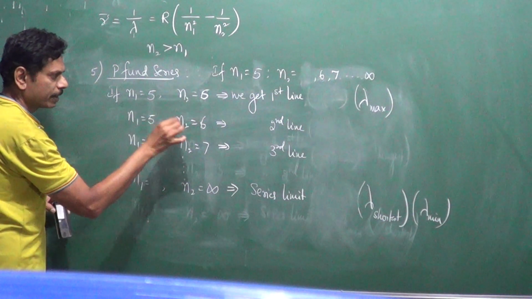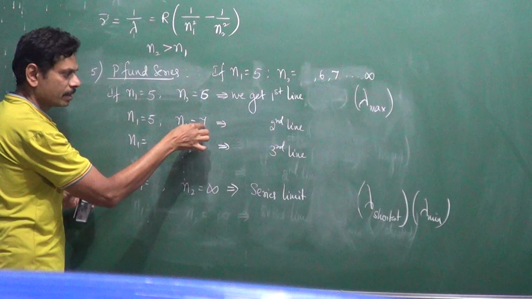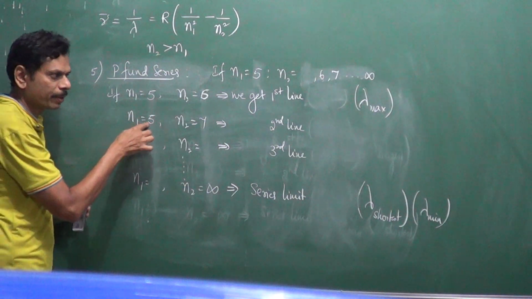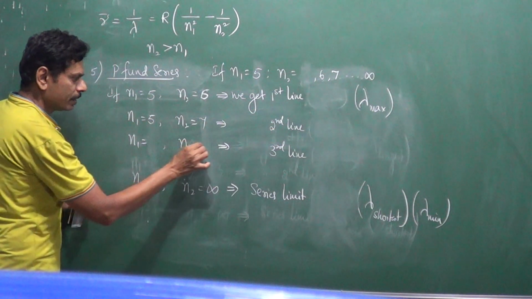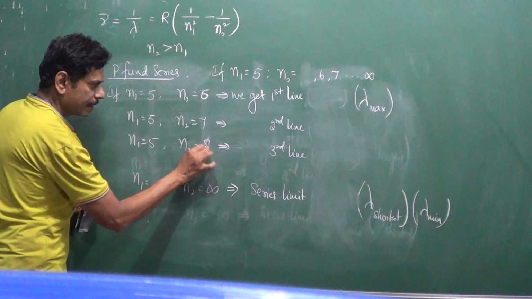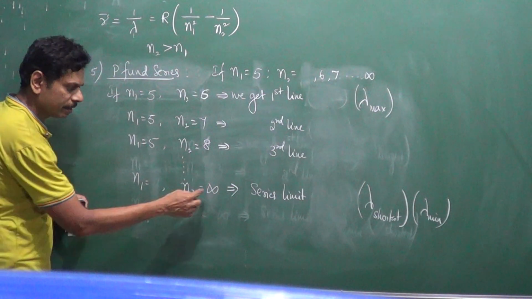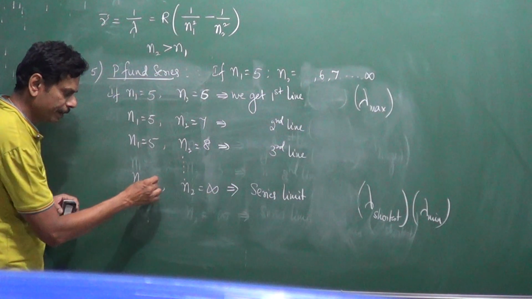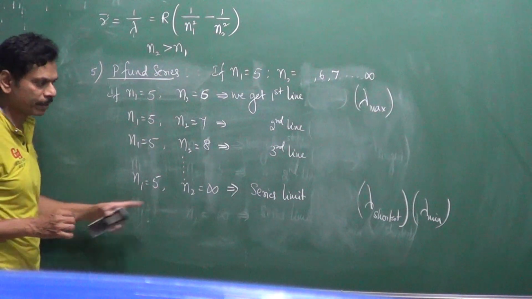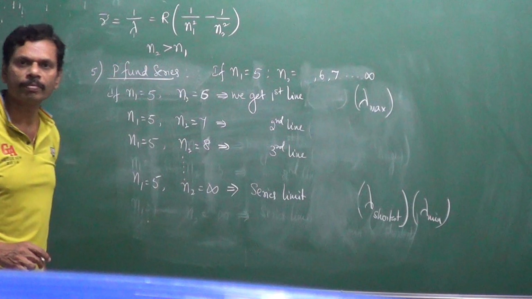N1 is equal to 5, N2 is equal to 7, that is a jump from the 7th to the 5th, we get the second line. Then the 8th to the 5th gives the third line. N2 is equal to infinity jumping to the 5th, we get the series limit, the shortest wavelength.